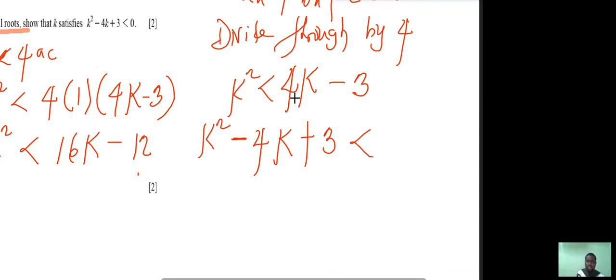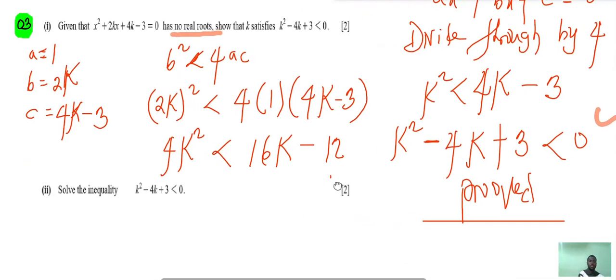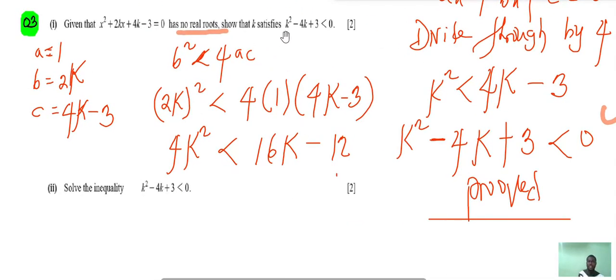Less than 0. K squared minus 4k plus 3 less than 0. So I'm able to prove that. Proved. Show that k satisfies. Okay, done.